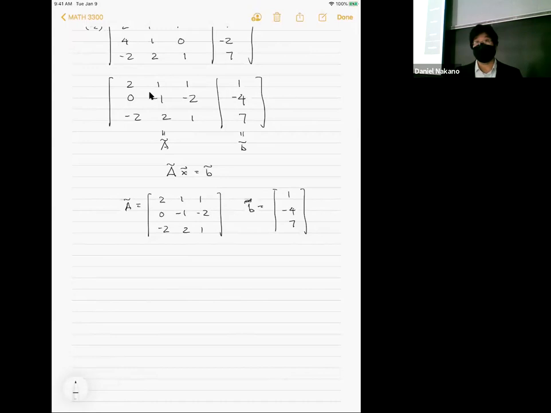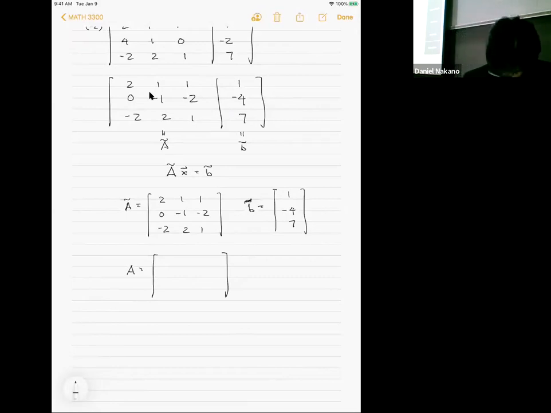Now, let me put up the A again. So I'm going to do a little comparison shopping here. So here's the A, and let me rewrite the A up here.